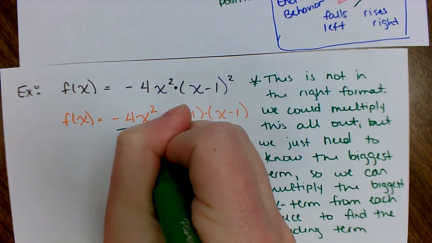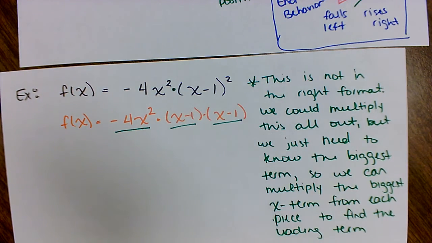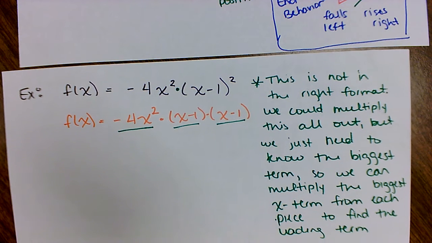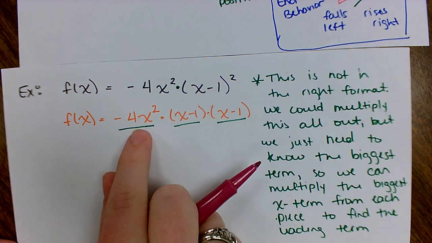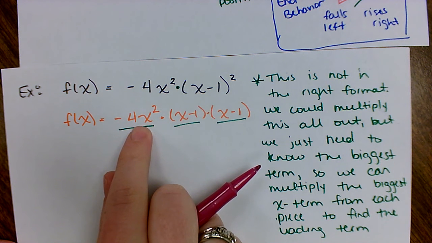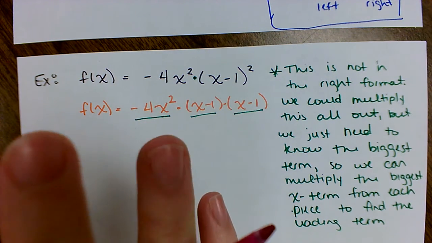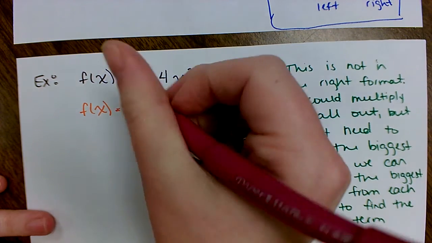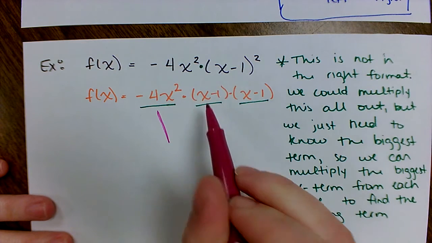So my three things being multiplied together here are negative 4x squared, x minus 1, and x minus 1. Okay? So the leading term is going to come from the biggest x pieces that are multiplied together. This is one piece altogether, and there's not multiple little pieces inside of it.